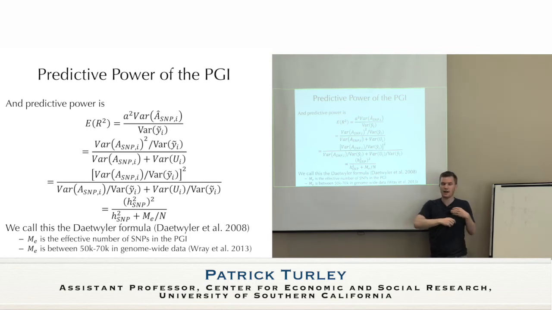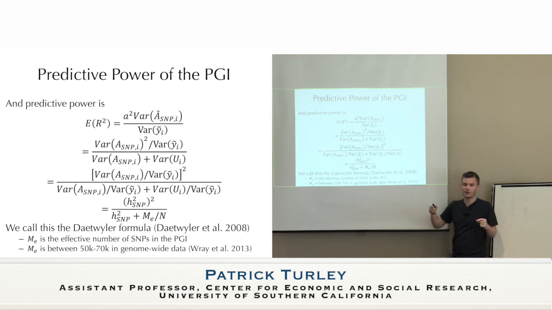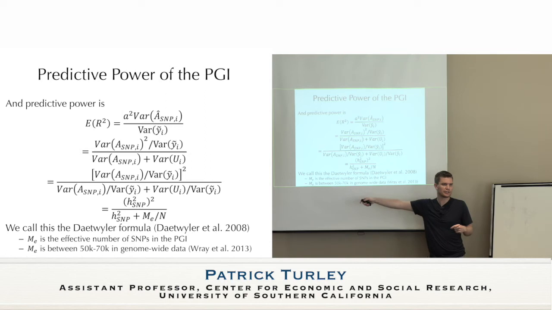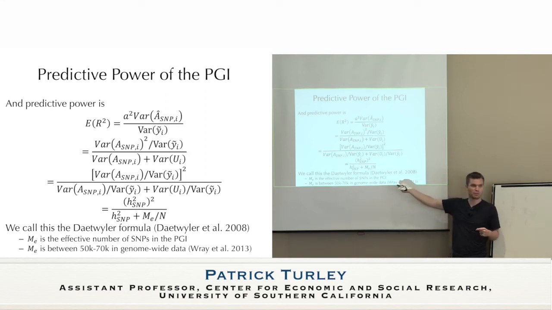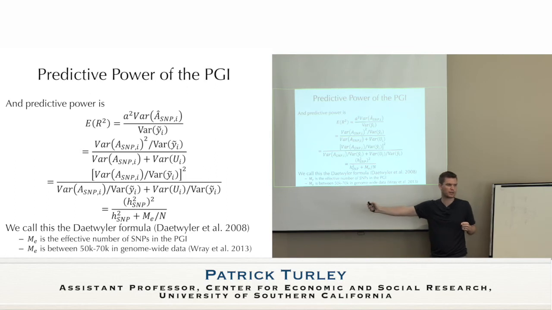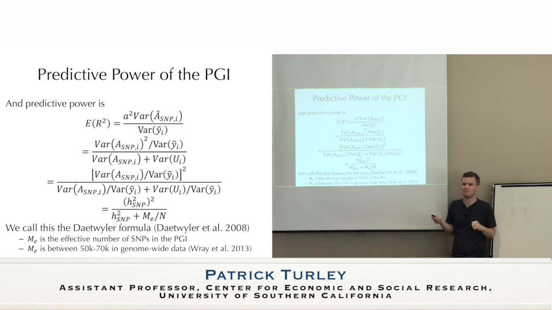So if you use a lot of SNPs to create your polygenic index, then you're adding error on top of error. And so that's where this ME comes from. The more SNPs you add, the more the error can compound across the SNPs that you're using in your PGI. That's intuitively where it comes from. But we could also just work through the math at some point if he wants.